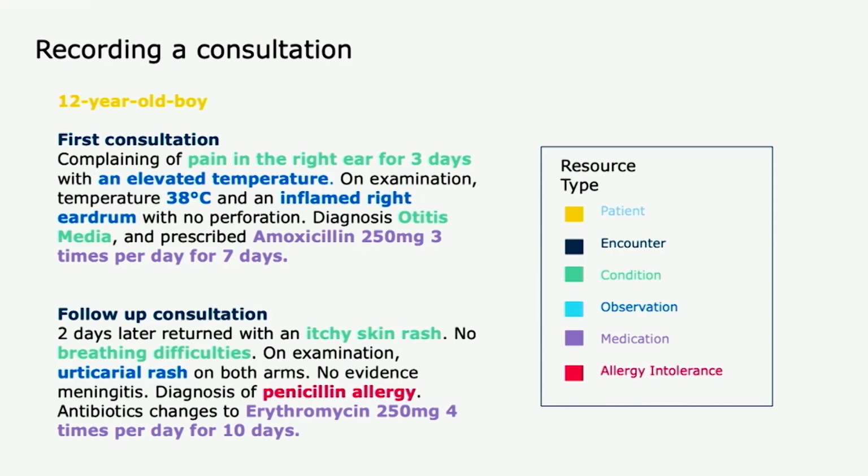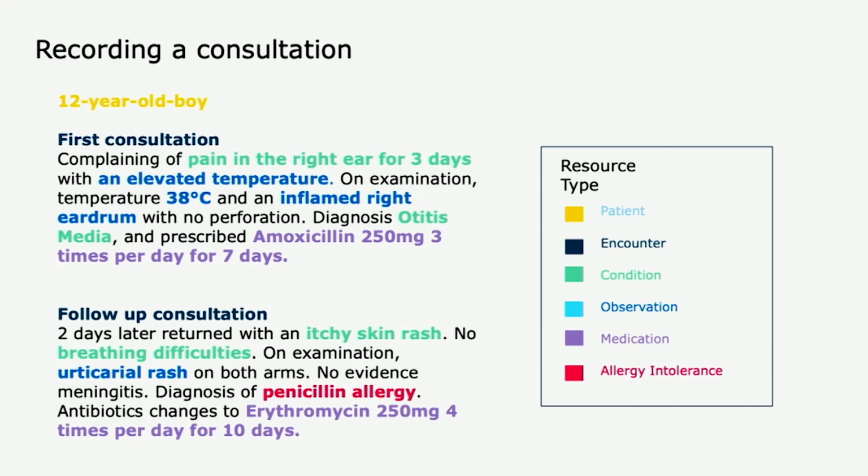Now this, which is a little bit hard to see, is a simple story about a 12-year-old who goes to a physician because they have an ear infection. They get prescribed amoxicillin for the antibiotic for the ear infection. They come back a few days later because they're having an allergic reaction to the amoxicillin.